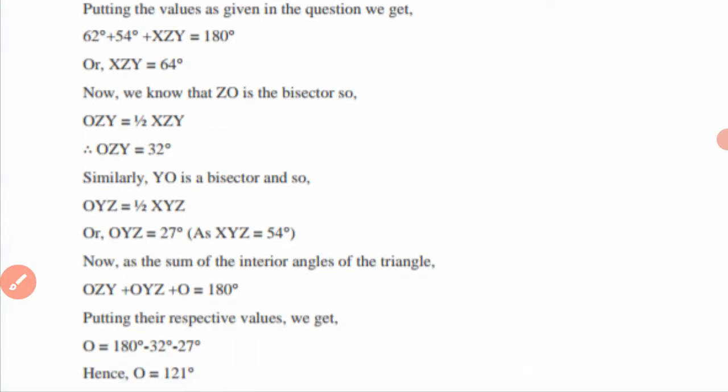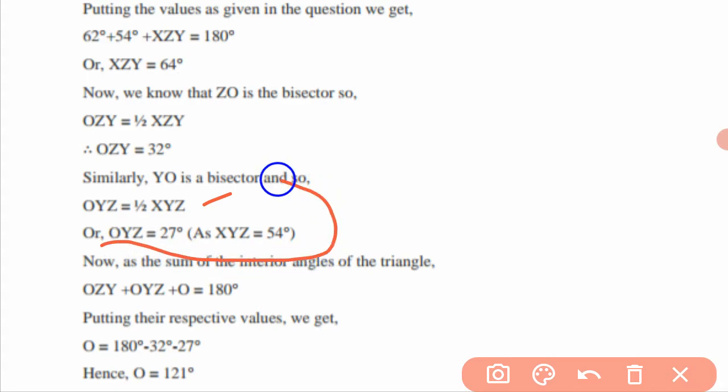Similarly, YO is the bisector, so OYZ is also half of XYZ. So we can say OYZ equals 27, since 54 upon 2 will be equal to 27. Now as we know, the sum of interior angles of the triangle, that is OZY plus OYZ plus O, equals 180.